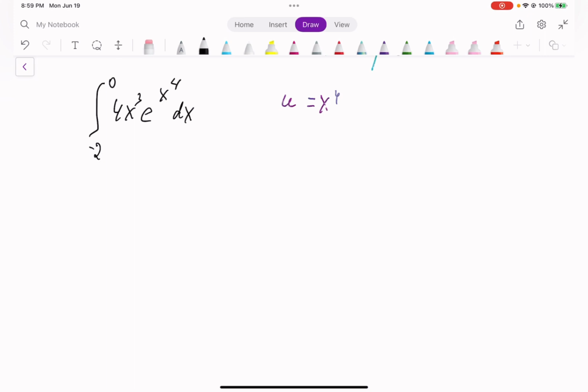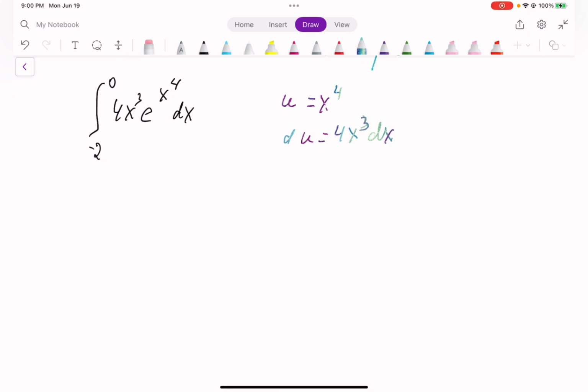Before I move any further, let me take this dx, I mean du. So du is going to be equal to 4x cubed and dx, right?